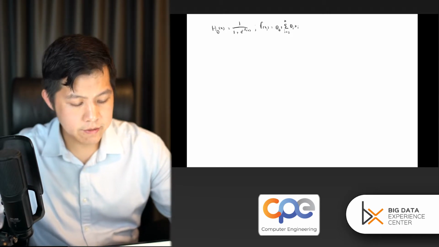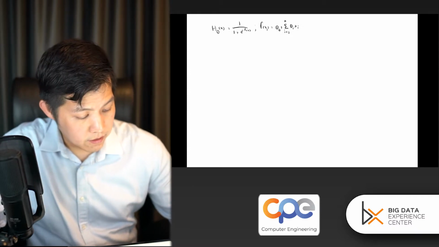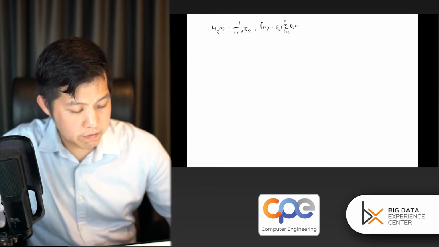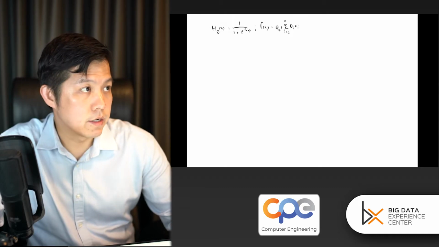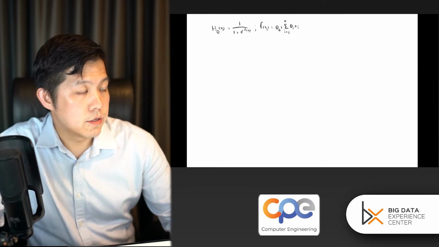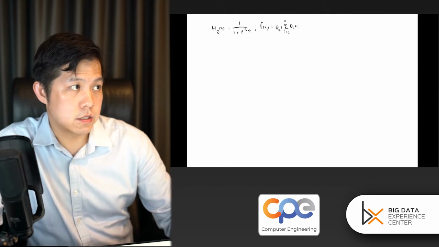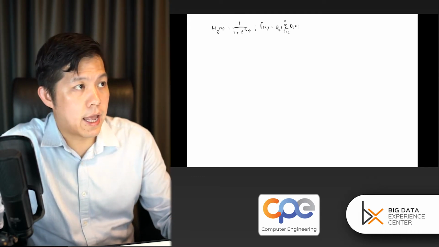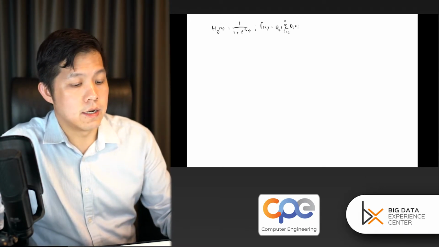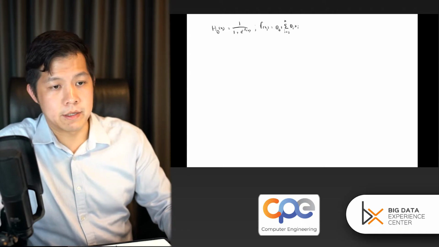This is f x i. I will drop the subscript. It's troublesome to write. Okay, so we know h x is the logistic function that looks like that, and we know f x is the linear combination of inputs and parameters.